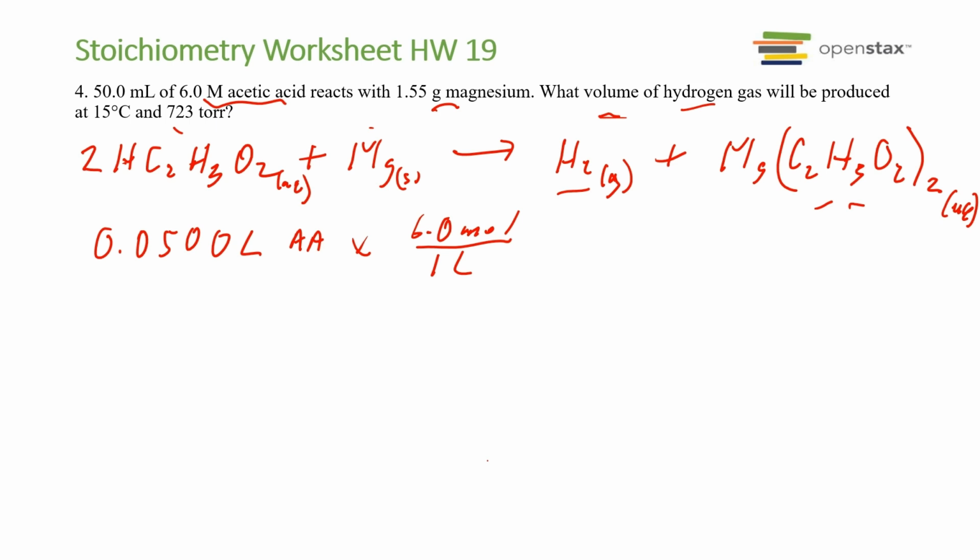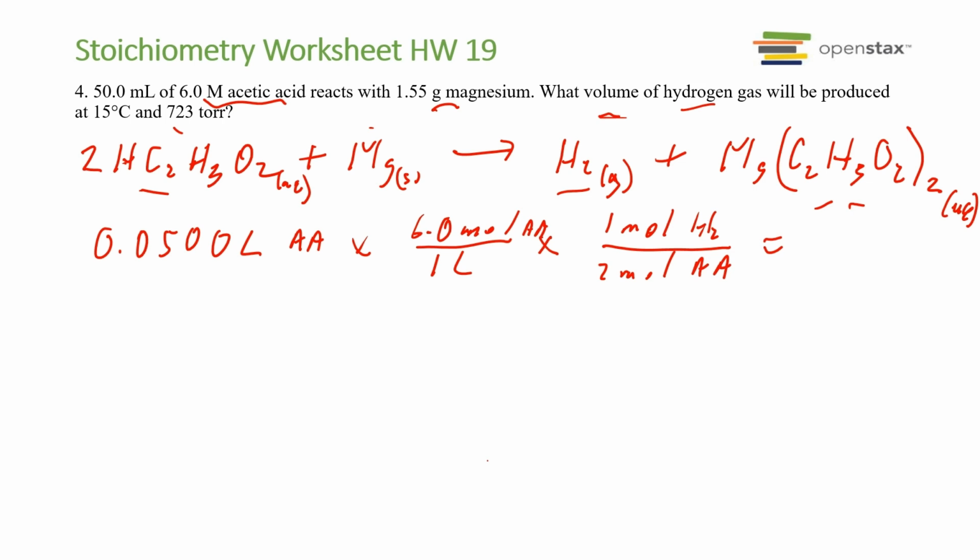And now we can actually go ahead and go straight to hydrogen because we can use our molar ratio. And we see that we get 1 mole of H2 for every 2 moles of acetic acid. This is the acetic acid. Okay. So now that can tell us how many moles of H2 we're going to get based on this.